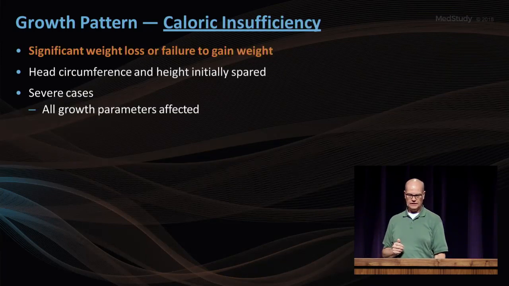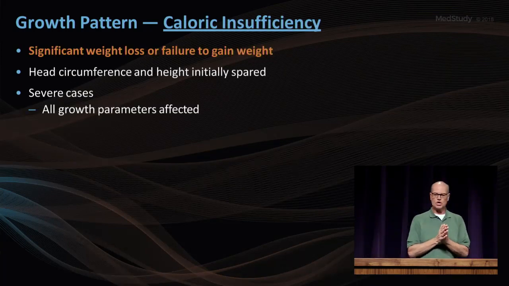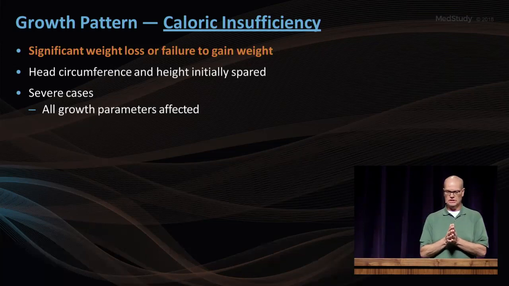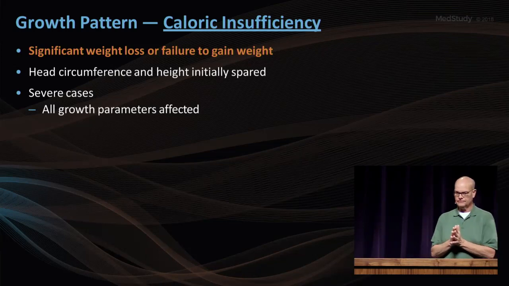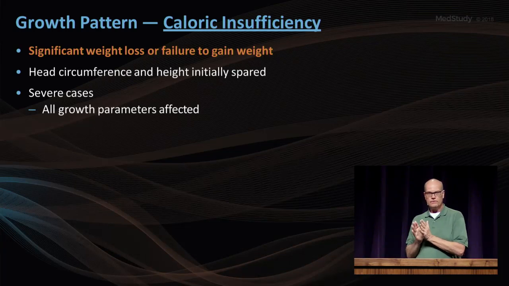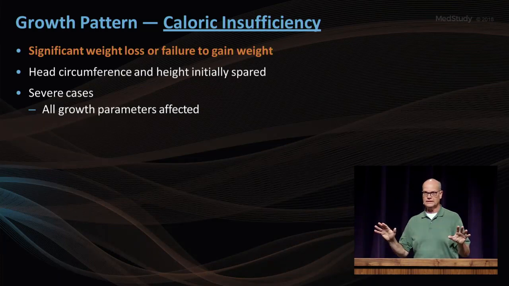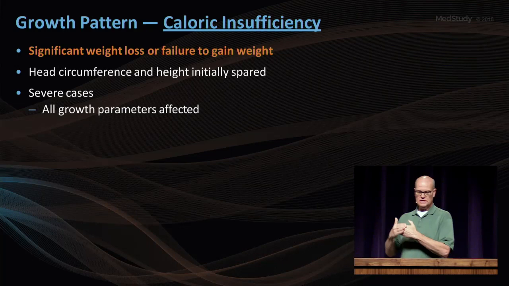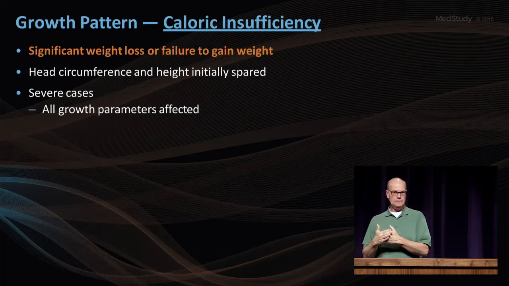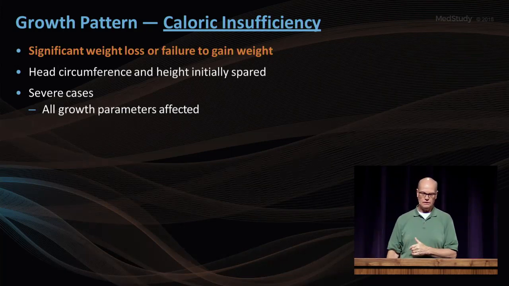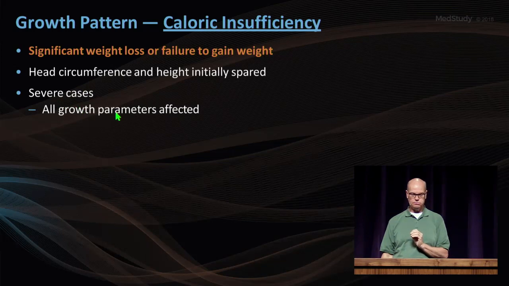And then finally, if the growth pattern is a caloric insufficiency, you can be pretty confident that for the most part, it's going to be the weight that's affected rather than all three like they were in prenatal and postnatal. And once the weight loss becomes severe, then maybe the other parameters will become affected.